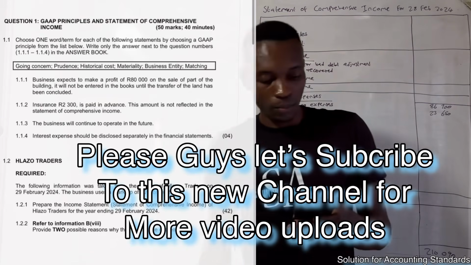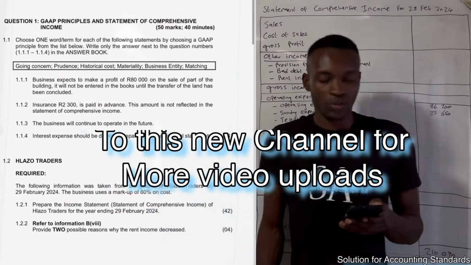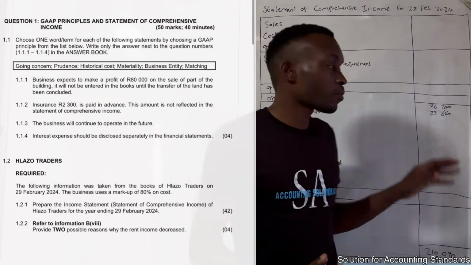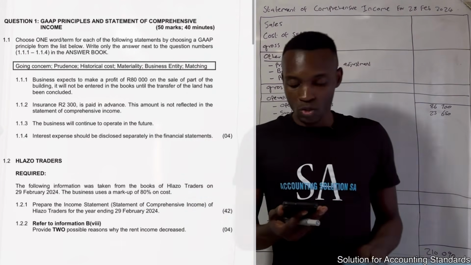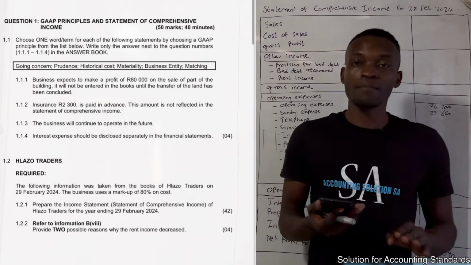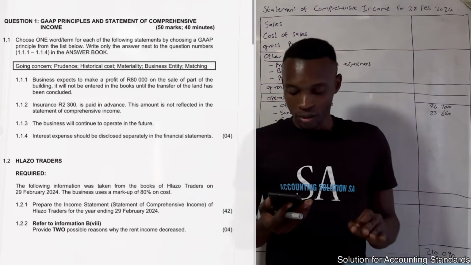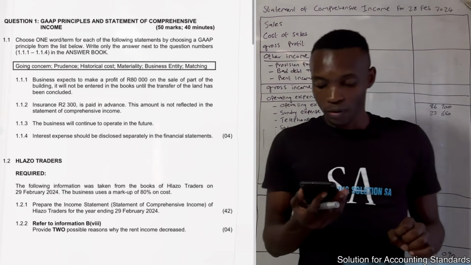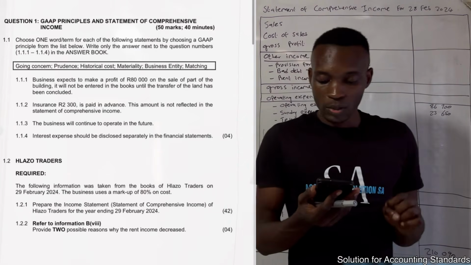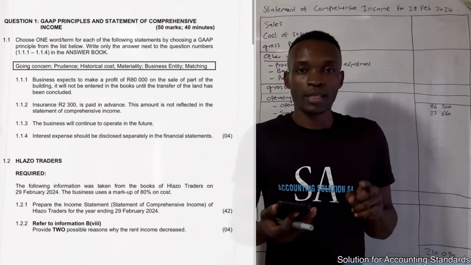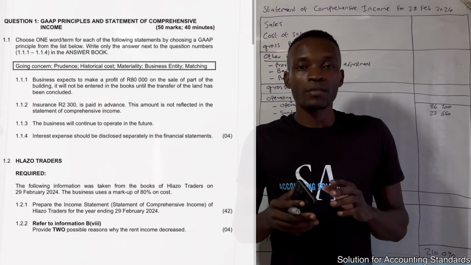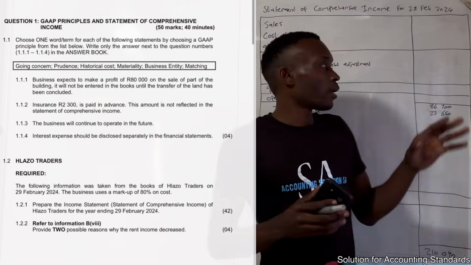Let's quickly check our question so that we can apply those principles when we prepare our income statement. It contains 50 marks. Choose one word from each of the following statements by choosing the GAAP principle. The reason why we're starting with the GAAP principle, guys, is that when you prepare an income statement, you have to follow a GAAP principle.